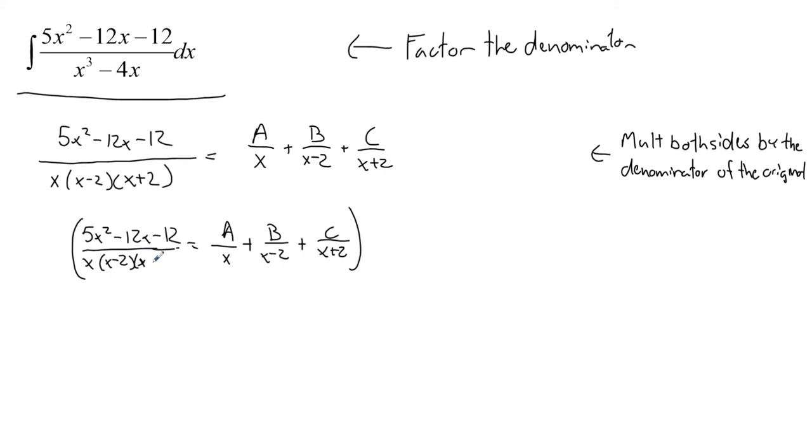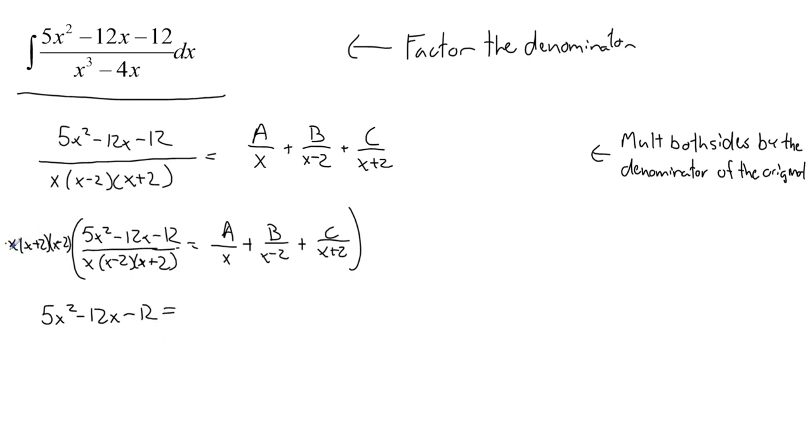So I've got my x plus 2. Let's keep it correct. And so I want to multiply this whole thing, both sides, by x times x plus 2 times x minus 2. And when I do that, on the right-hand side, all of these factors cancel out all of the denominator factors, and I'm left with just 5x squared minus 12x minus 12 is equal to.